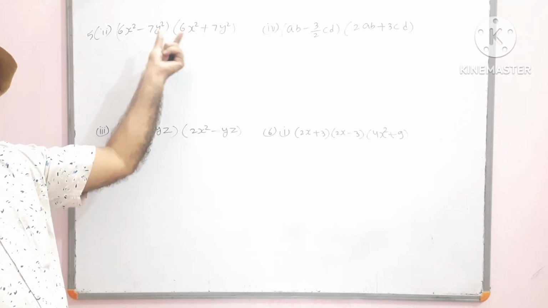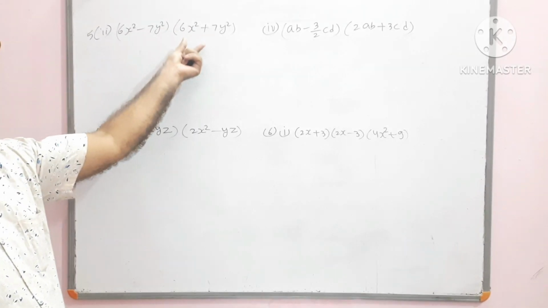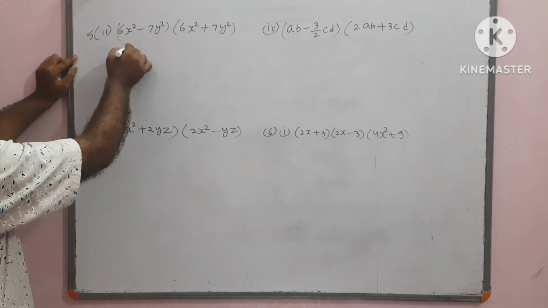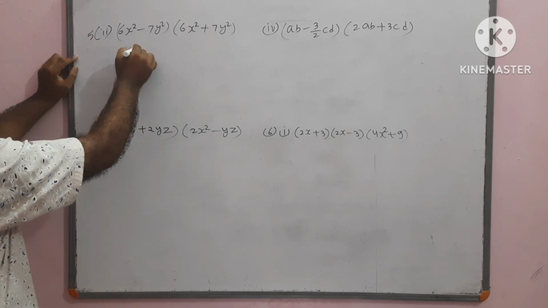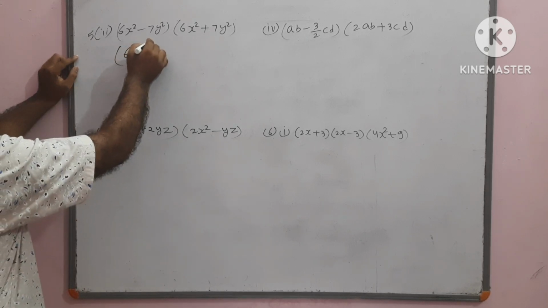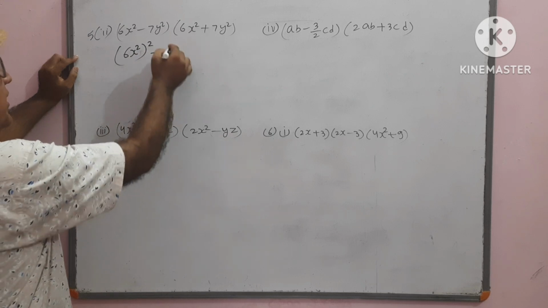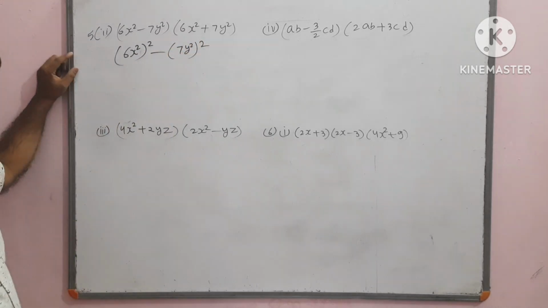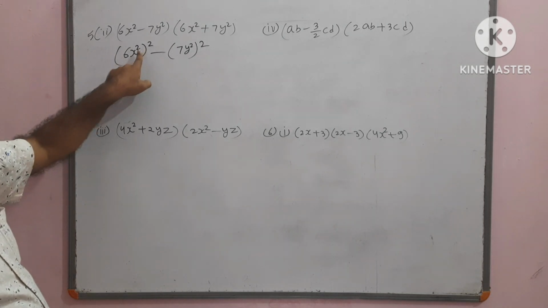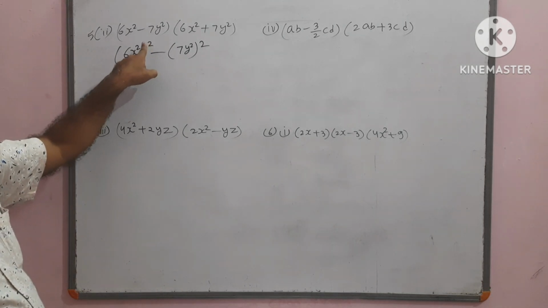Both the brackets are looking like a minus b into a plus b. Then identity says that a square, at the place of a there is first term, so square, minus square of the second term, that is 7y square whole square.